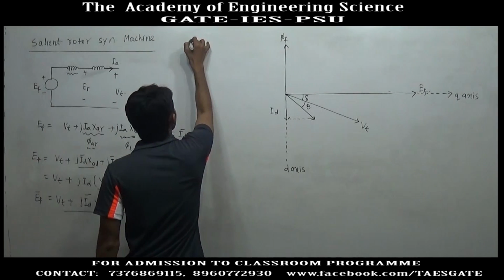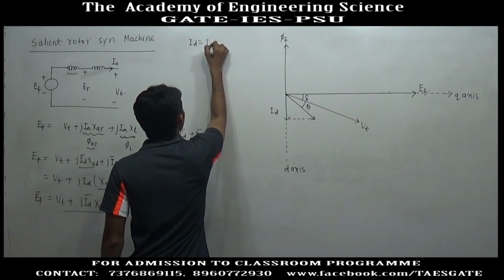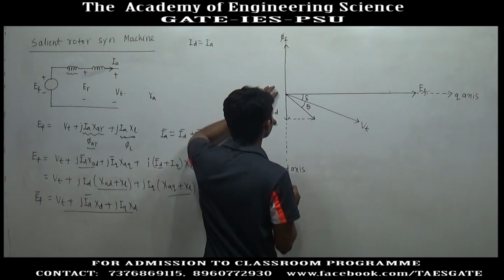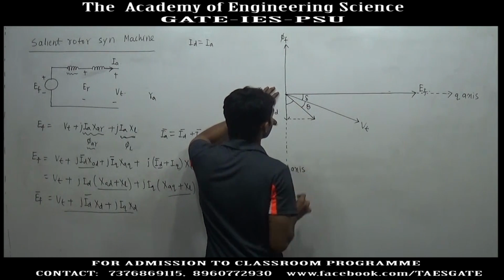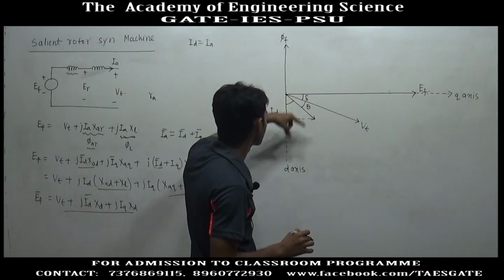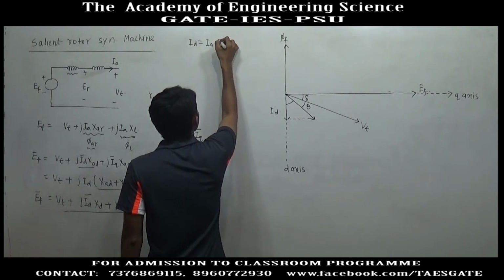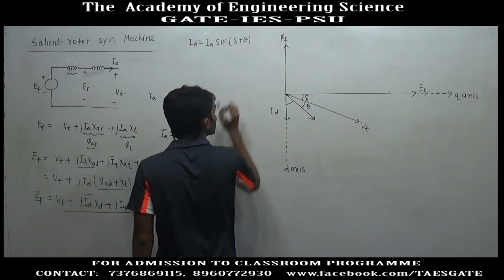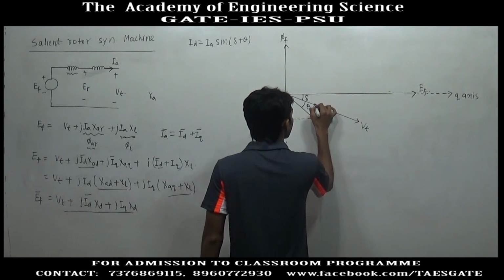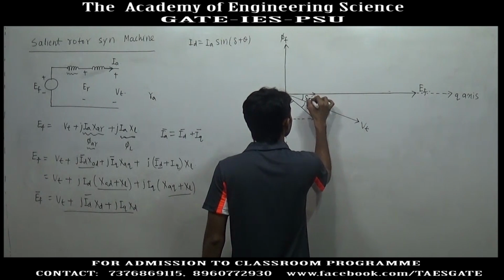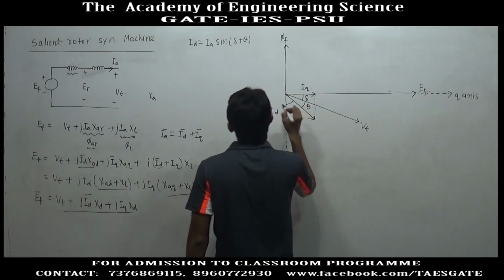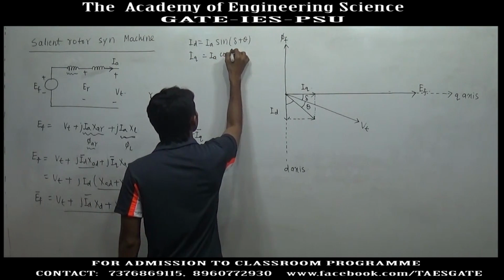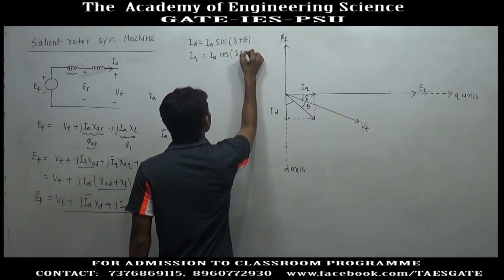We will write ID is equal to IA cos of this angle, and this angle is 90 minus delta plus theta. So cos of 90 minus delta plus theta will be sin of delta plus theta, and similarly the quadrature axis current IQ is equal to IA cos of delta plus theta.